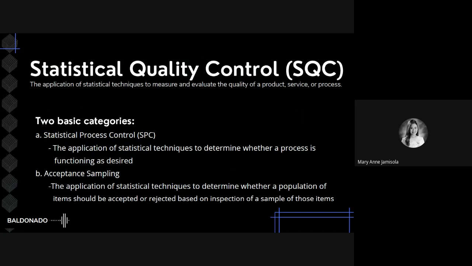Of course, it would be a waste of time if we are to inspect all items in the batch. So, that is why we should only pick a sample, and then after evaluating the quality of the sample, we can now decide whether we should accept or reject the batch or lot.